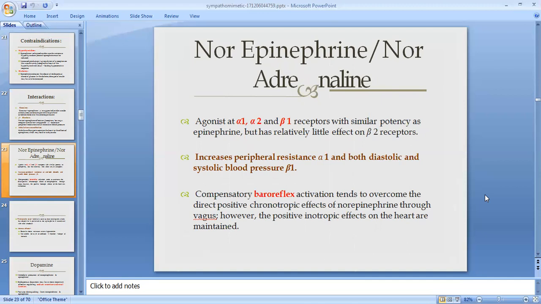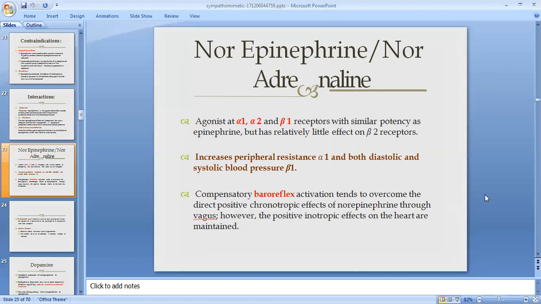It increases peripheral resistance via alpha 1, and both diastolic and systolic blood pressure, via beta 1 stimulation. Compensatory baroreceptor reflex activation tends to overcome the direct positive effect of norepinephrine on the vagus nerve. However, the positive inotropic effect on the heart is maintained.